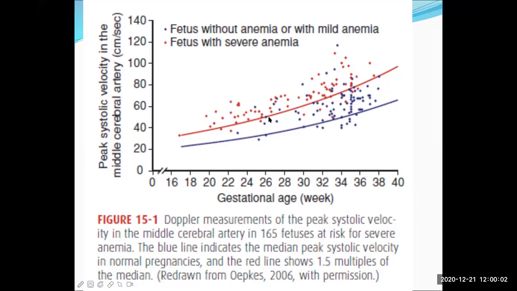The red is a fetus with severe anemia, and the blue is a fetus without anemia or with very mild anemia. The higher the velocity, that is, if the graph goes higher, that means severe anemia is diagnosed. So this is the information you get from this graph.